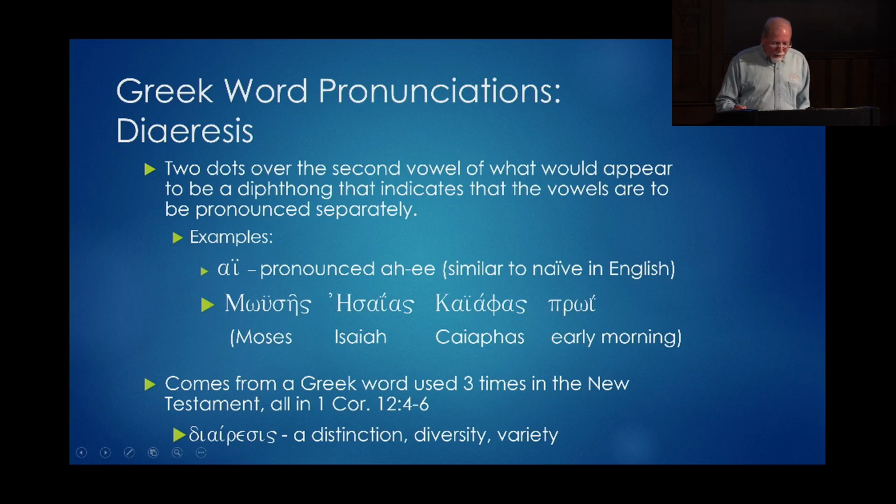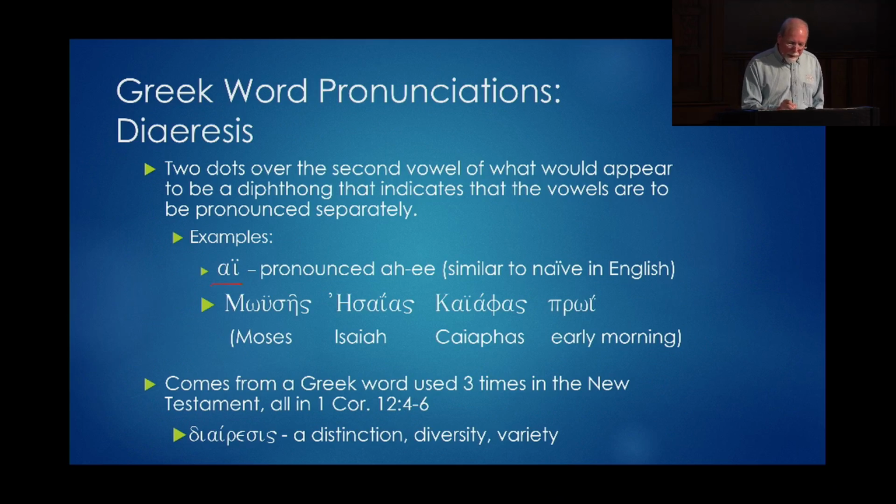When you see the two dots over the second letter, then you don't say I as in aisle, you say I-E, which is similar to naive in English, which is also not an English word. I think probably French or something. I really don't know. But anyway, it's pronouncing the two letters separately instead of as a unit.